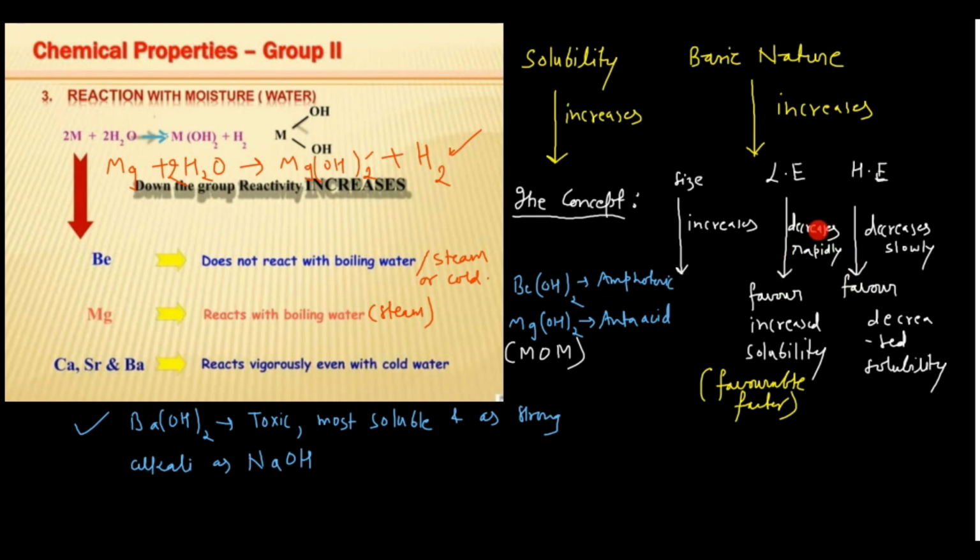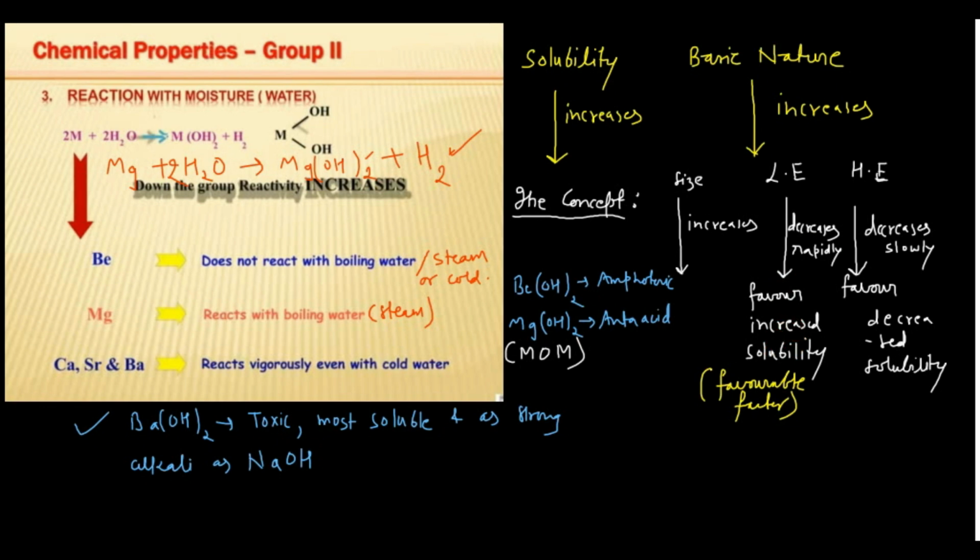Now which one would be the deciding factor? That will decide the solubility. Okay, so in that case you can see the hydration enthalpy decreases, but it decreases rather slowly. But this decrease in the lattice energy is quite sharp, and quite high. So it is a dominant factor, and when it is a dominant factor, it will increase the solubility.